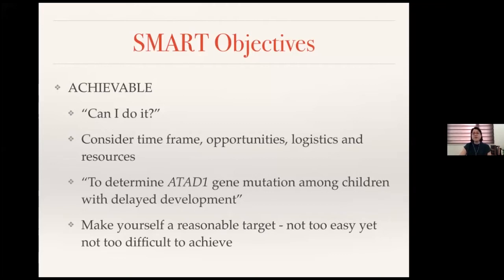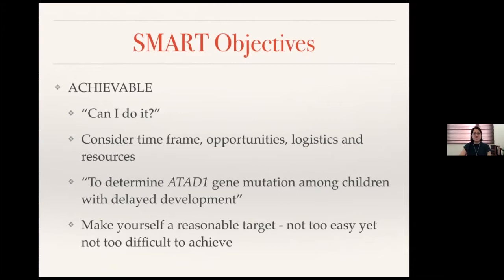However, if, let's say in Spain, one of the doctors there is doing a study on the ATAD1 gene and he has the resources to do it, and I contact him and I am able to submit the samples free, then that would be achievable. The same thing, for example, if you want to do a study on out-of-school youth or high school students and check for their depression.